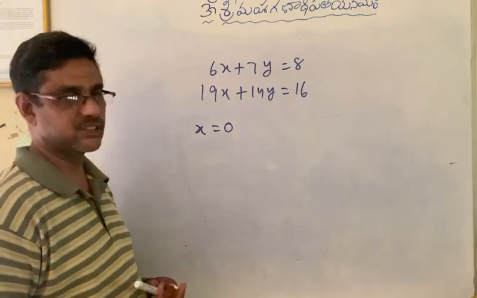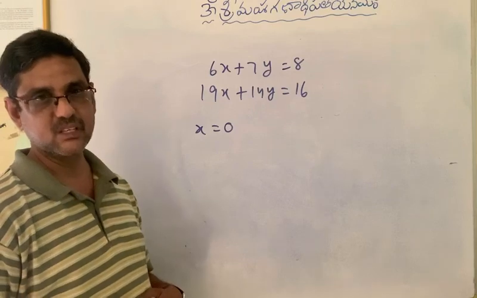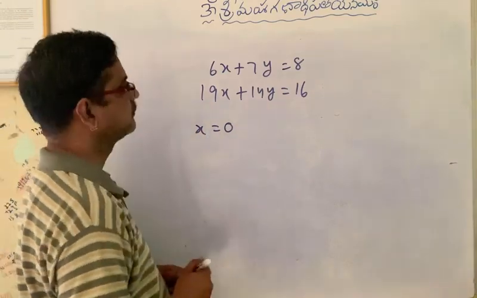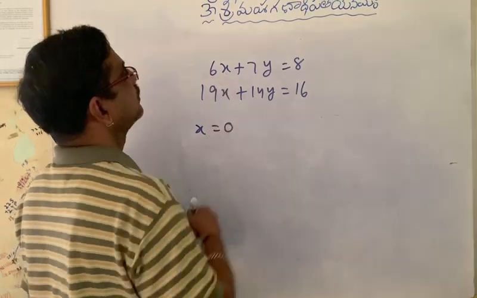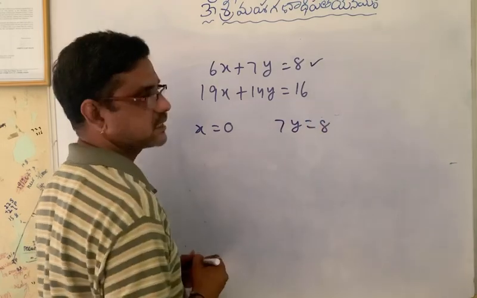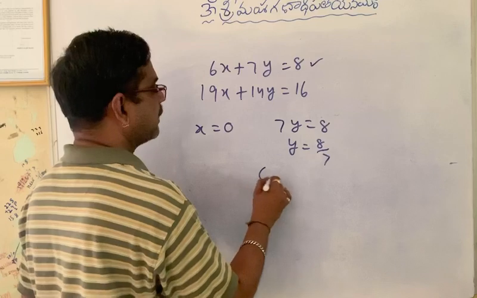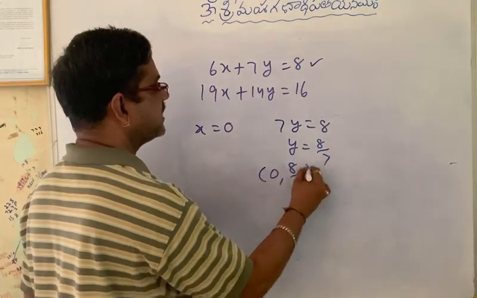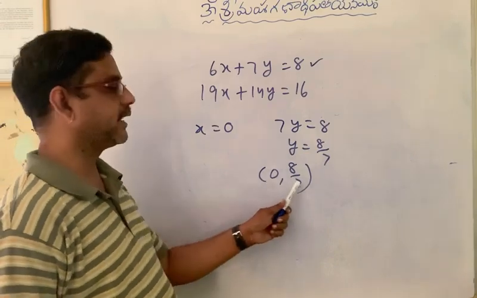Now how to find y? Since x is 0, the first equation becomes 7y is equal to 8 and y is equal to 8 by 7. So the common solution is 0, 8 by 7.